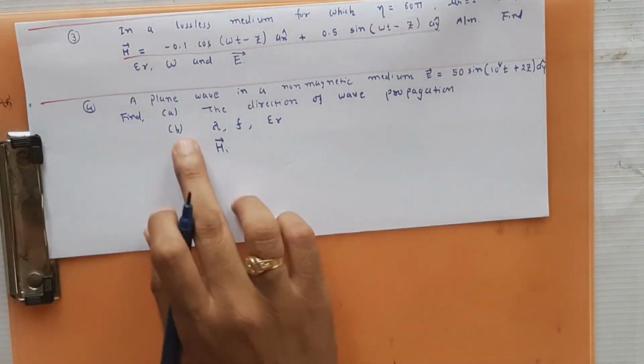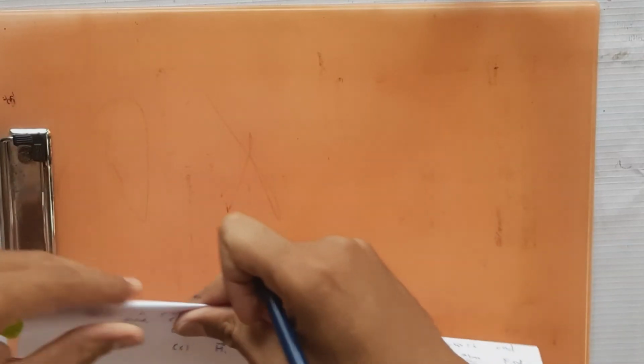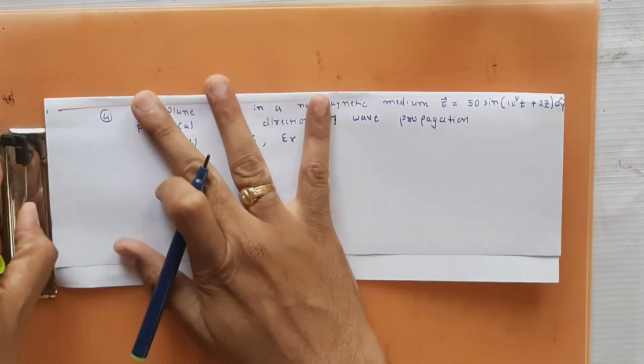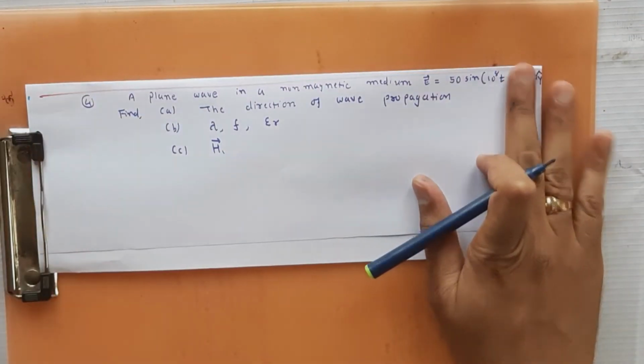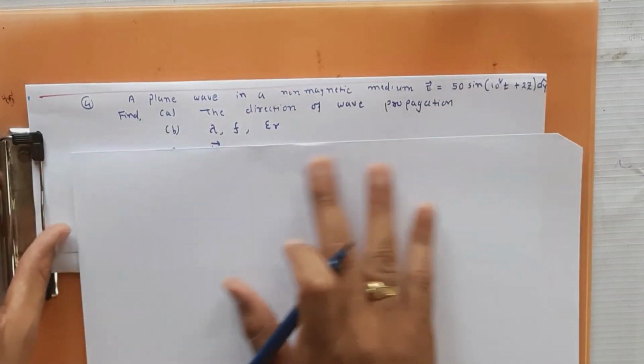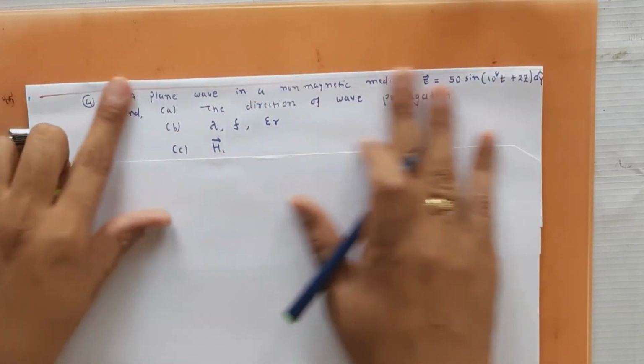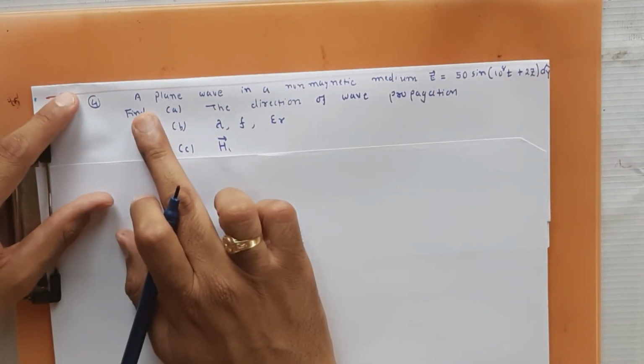Next, example number 4. A plane wave in a non-magnetic medium. Again, the medium is a non-magnetic medium. Non-magnetic means relative permeability is unity, 1.